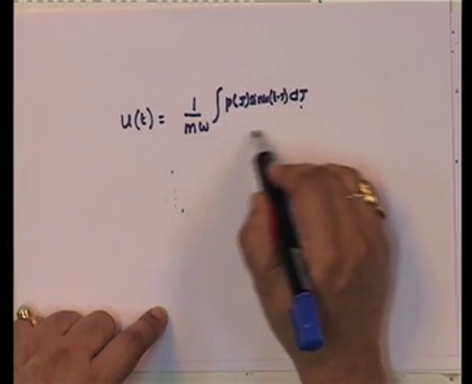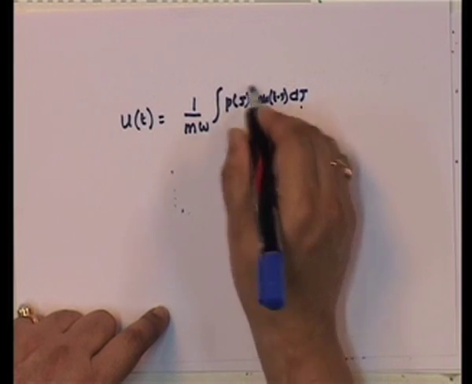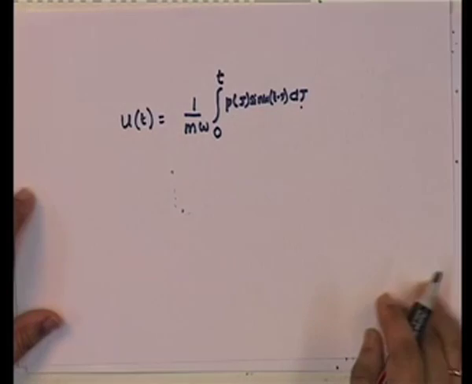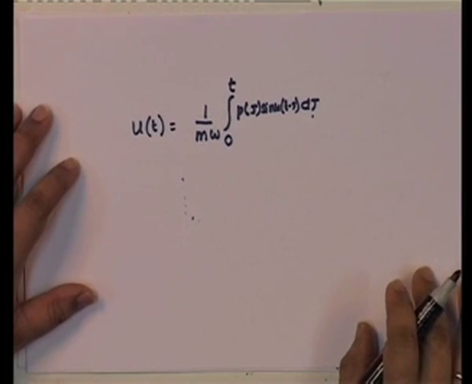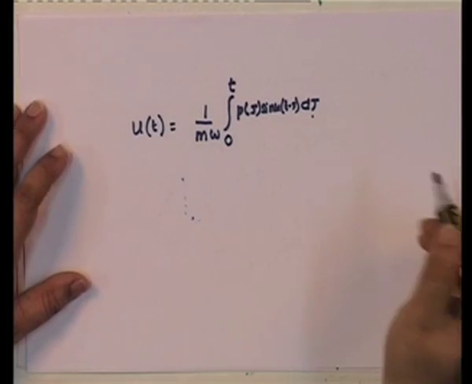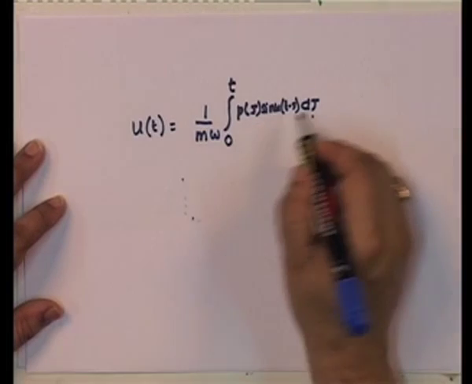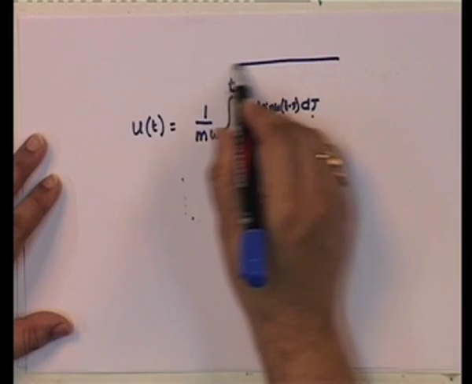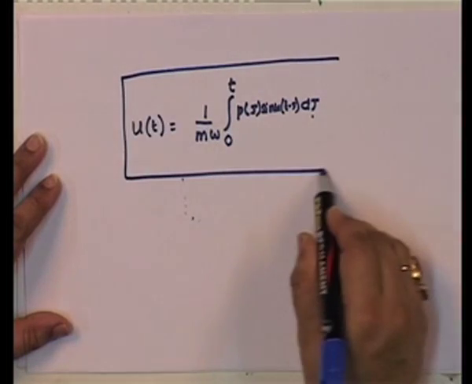So, this is the response, and therefore, if I consider all the trains, all I need to do is integrate from 0 to t. Okay. So, note that for a general loading, my response is equal to this.